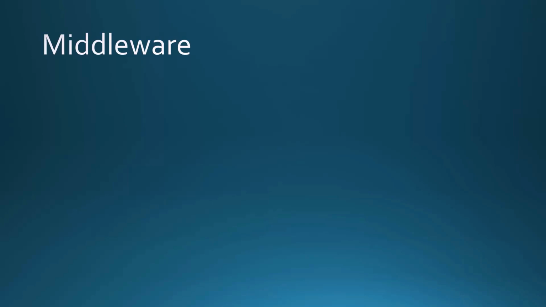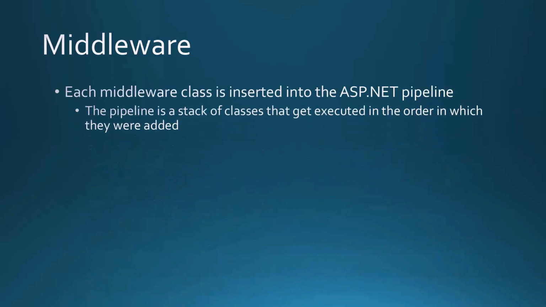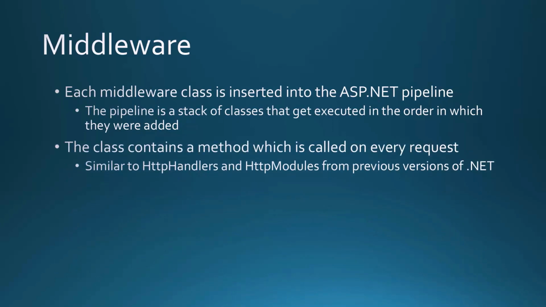Middleware is also a very important concept in web servers. Each middleware class can be inserted into what's called the ASP.NET pipeline. Now, the pipeline is simply a set of classes that get executed in a certain order depending on how they were added. The class could contain a method or many methods, and they're called on every request.